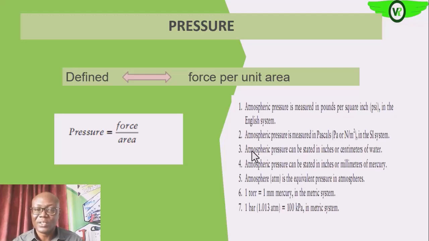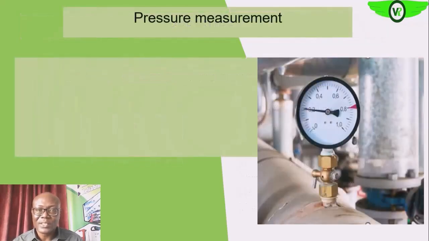Are we getting it? We are going to see what the various sensors are that could be used to monitor this pressure, and how these sensors help to monitor it. So that is what we'll be looking at.